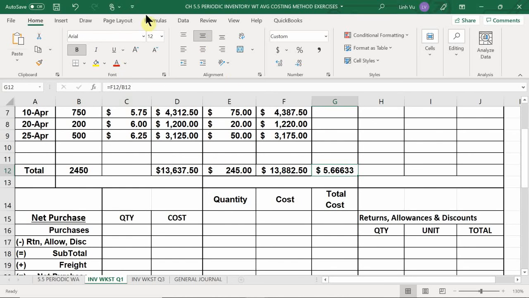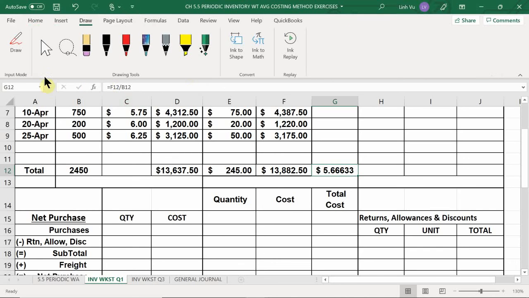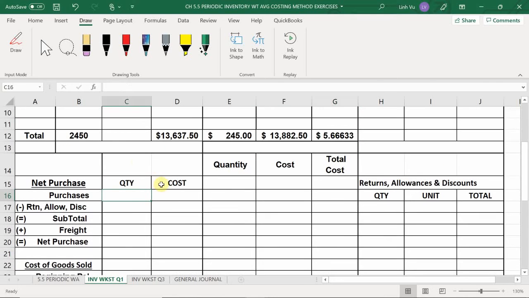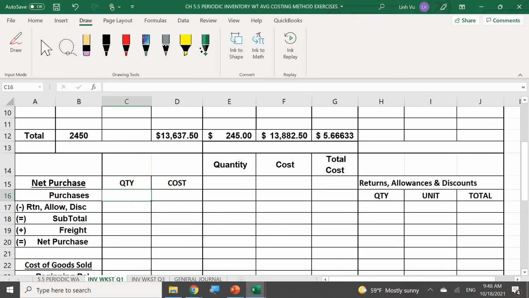So let's go ahead and plug in our numbers in our net purchases so we can solve for our cost of goods sold. In this case, quantity: we purchased 2,450 items at 13,637. Our assumption is that we don't have any returns and allowances, so we'll take a look at that after this.